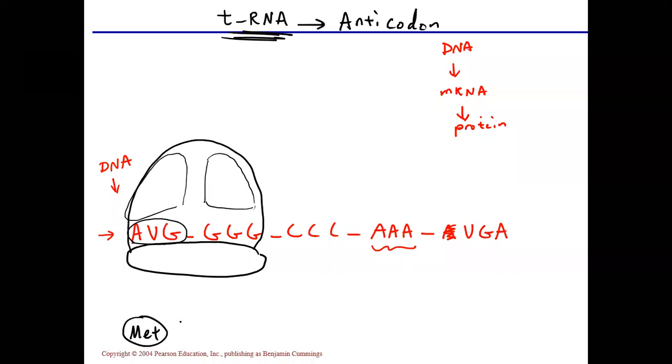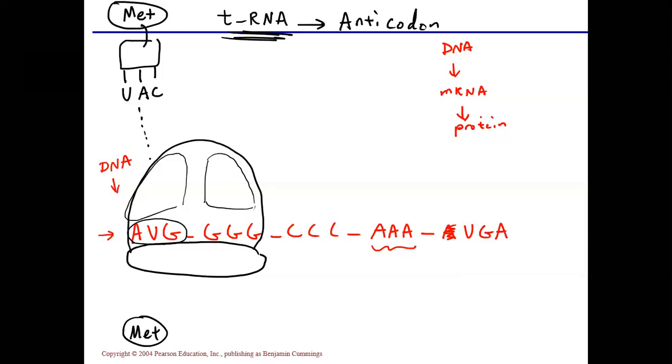But in reality, there are many different transfer RNAs, and one of these transfer RNAs that brings in the met has an anticodon of UAC. So this whole thing is going to fit in here.